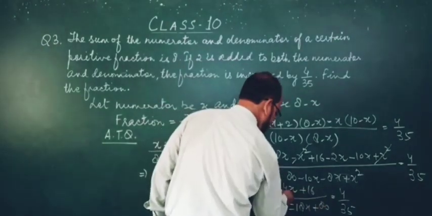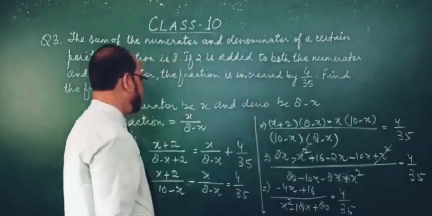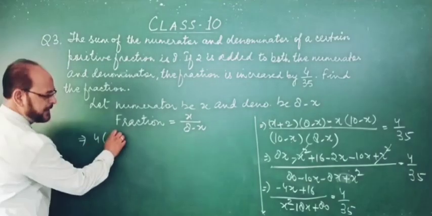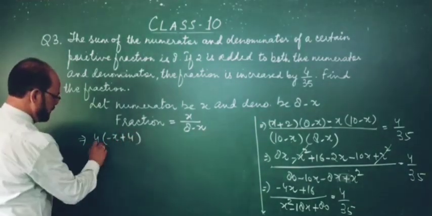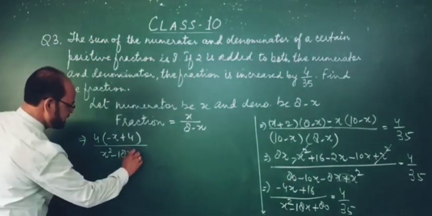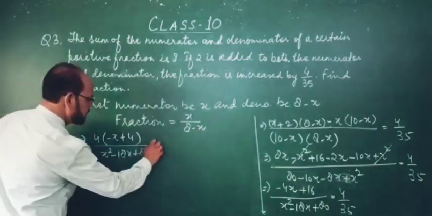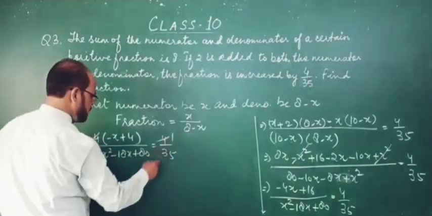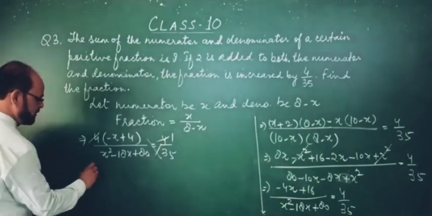Now we can take 4 common from here, so 4 and 4 will be cancelled out. We will take 4 common, so it will be 4 times (negative x plus 4) upon x square minus 18x plus 80 equals 4 upon 35. This 4 and this 4 will cancel out, and after that you will do cross multiplication.